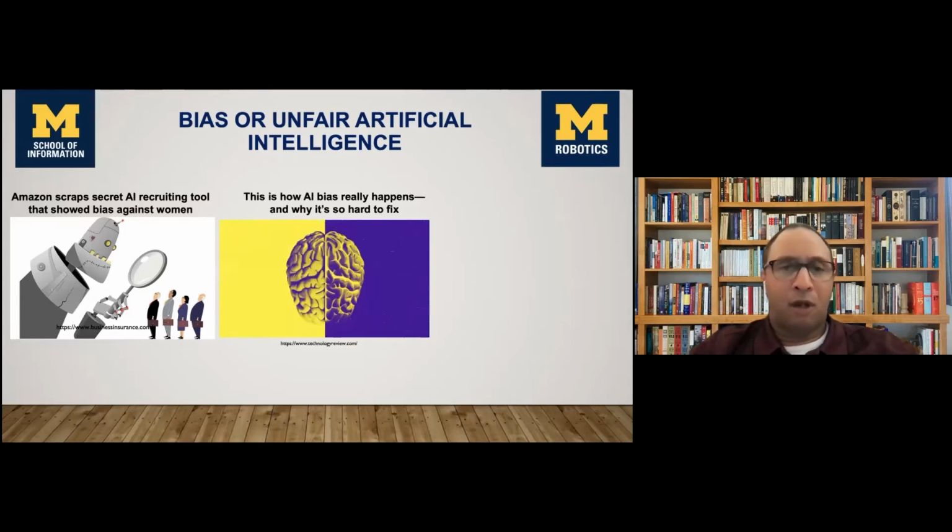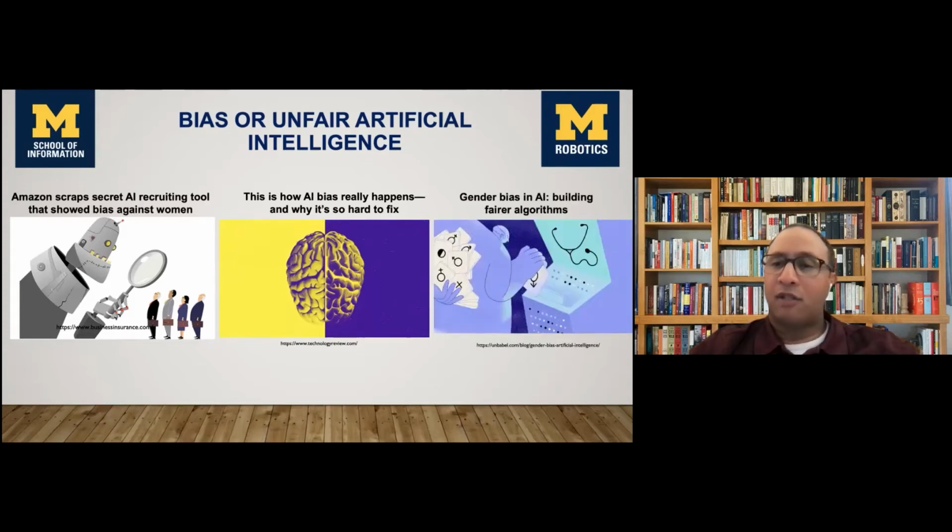And there are other articles on biased AI, and why it's so hard to fix. There's a lot of discussion about gender bias in AI systems. I think there was a bank that developed a credit line application where you could log onto the site, put in your information, and the AI could essentially determine what level of credit you would get in a loan.